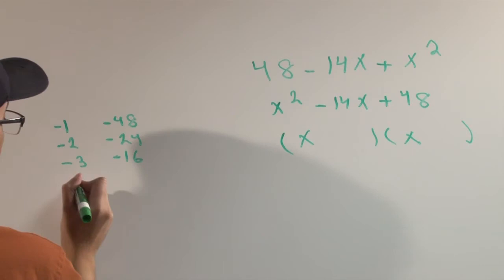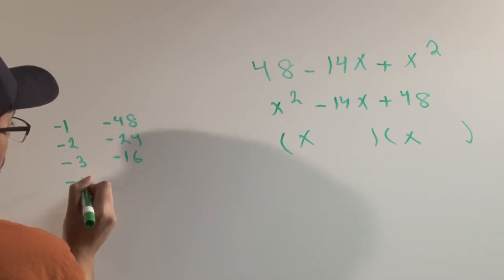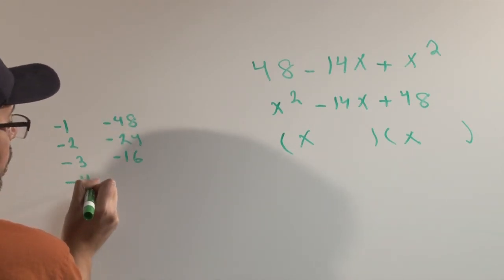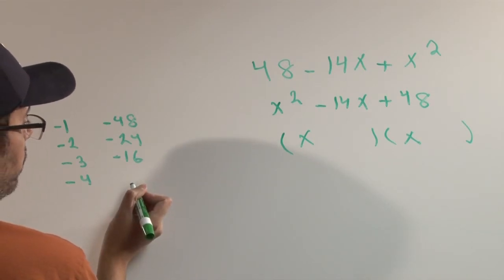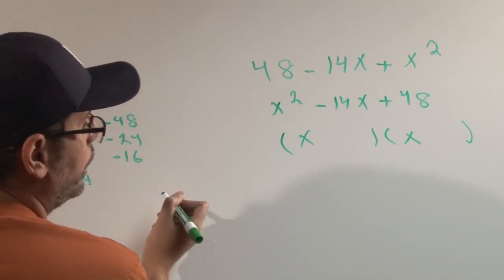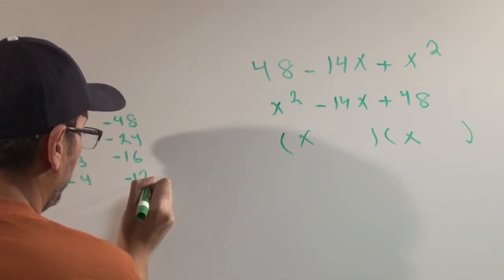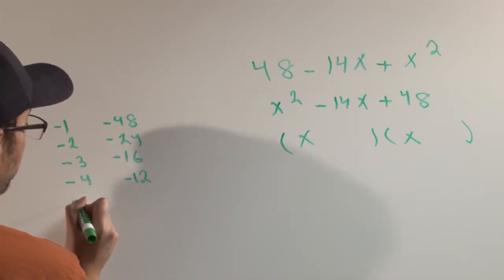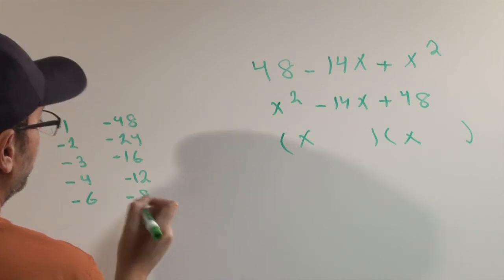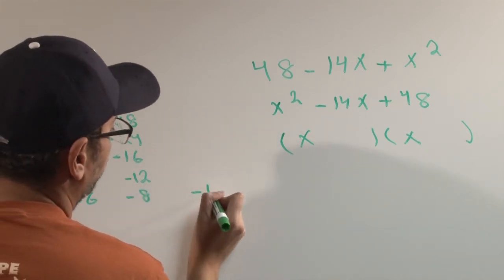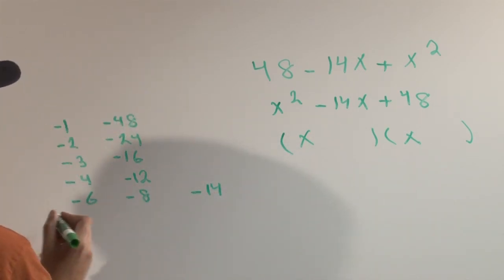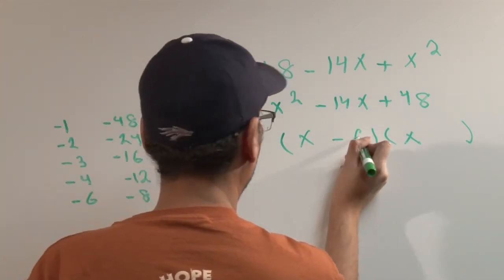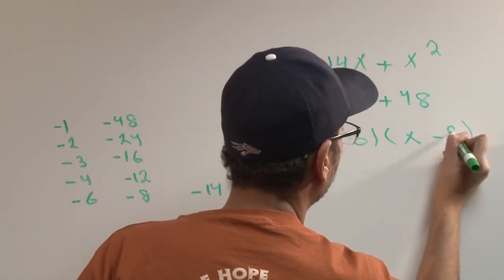Negative 19, nope. Negative 4 and negative 12. Nope, that's going to be negative 16. Negative 6, negative 8. Oh, that's going to be negative 14. That's what I need. So that would be here negative 6, and here is negative 8.